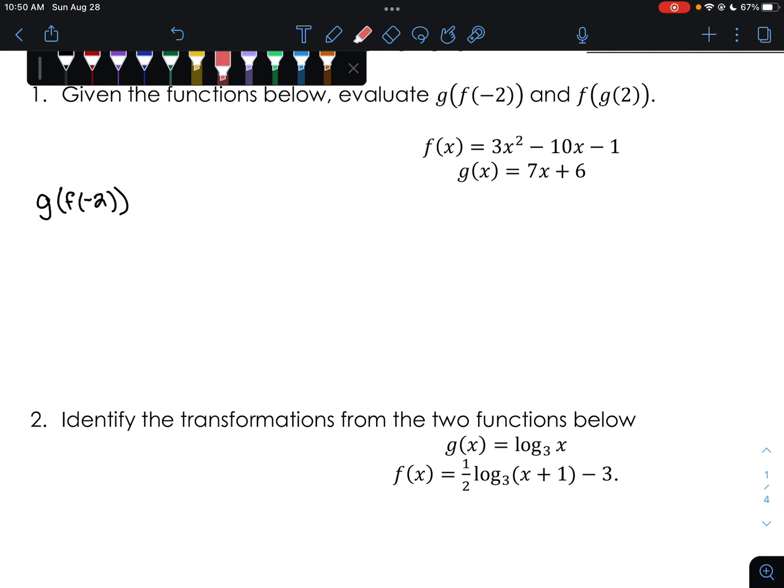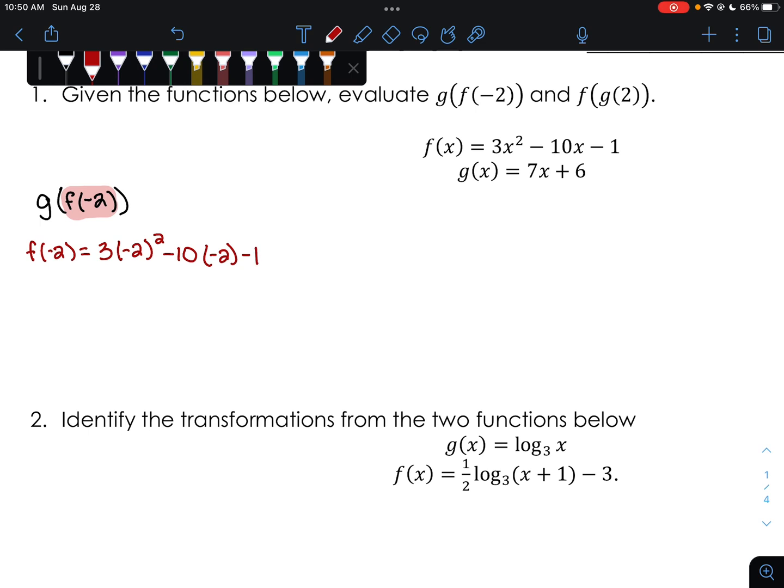That is equivalent to us starting by finding f of -2. So f of -2 is equal to 3 times -2 squared minus 10 times -2 minus 1.